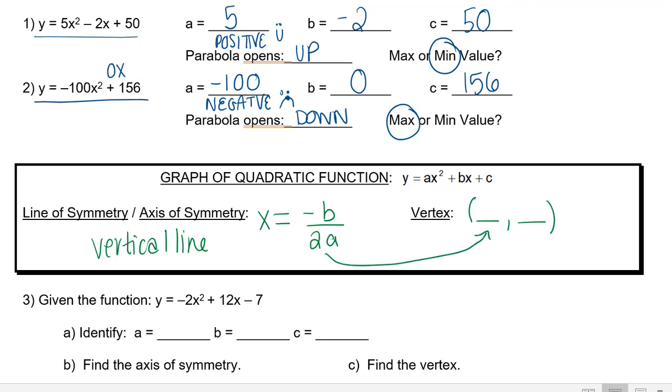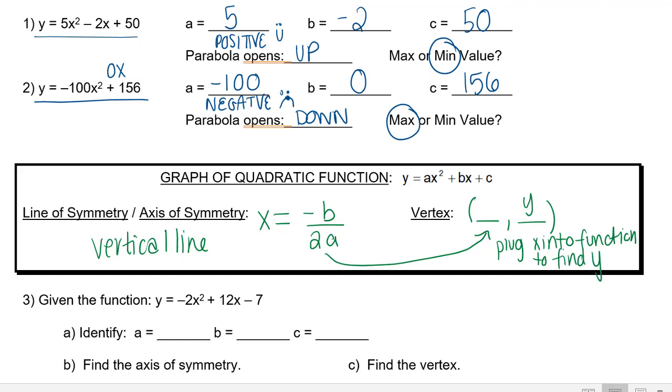So whatever we get for that axis of symmetry, that's the x value of our vertex. And then we can find that y value once we plug x back into the function to find y.